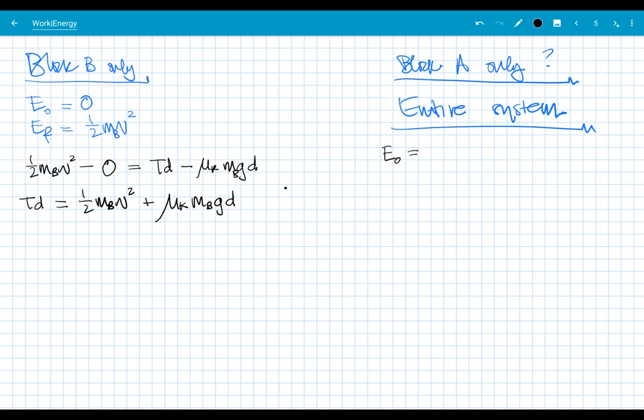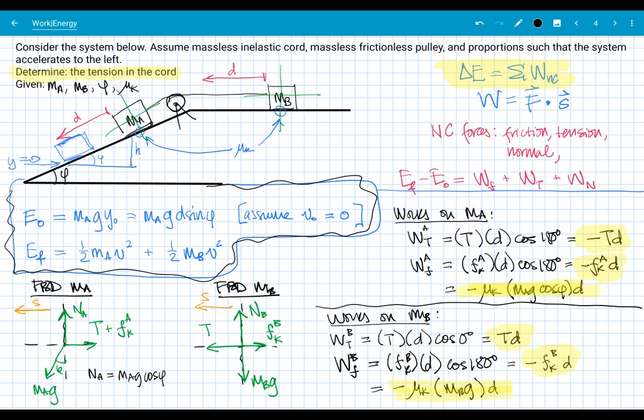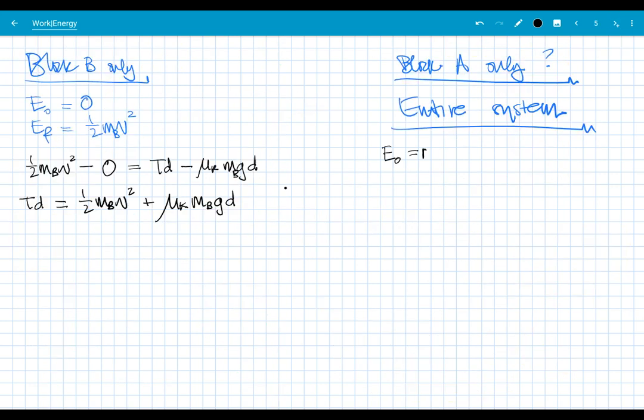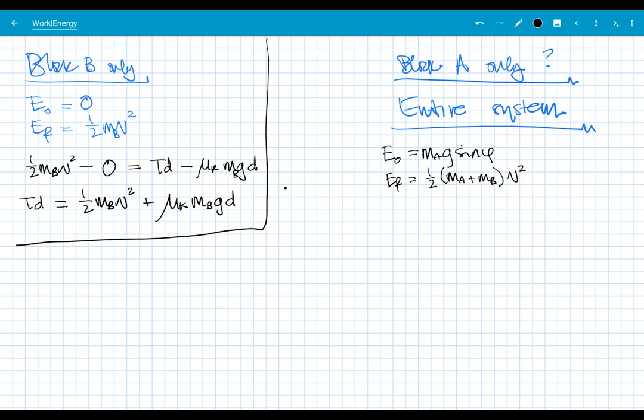What I would end up with is my initial energy is just m_A g sine phi. And then finally, I have both my kinetic terms. And actually, I'm just going to simplify since the speeds are the same here. And then I can figure that out to do my work.